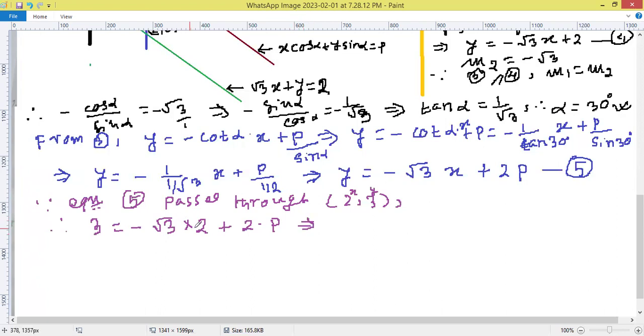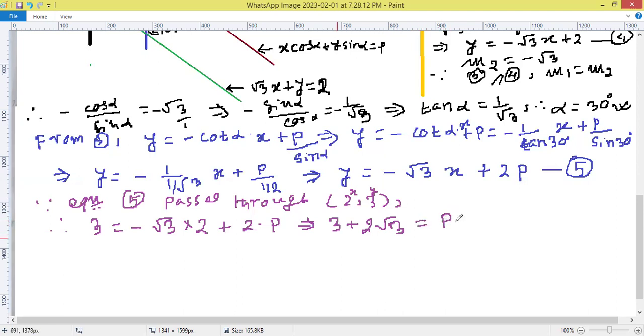So transpose this towards the left side. It is going to be 3 plus 2 root 3, because this is minus root 3 times 2, meaning 2 root 3. When you transpose this towards the left side, then it is minus, then it will be plus. And then you have equals 2p.